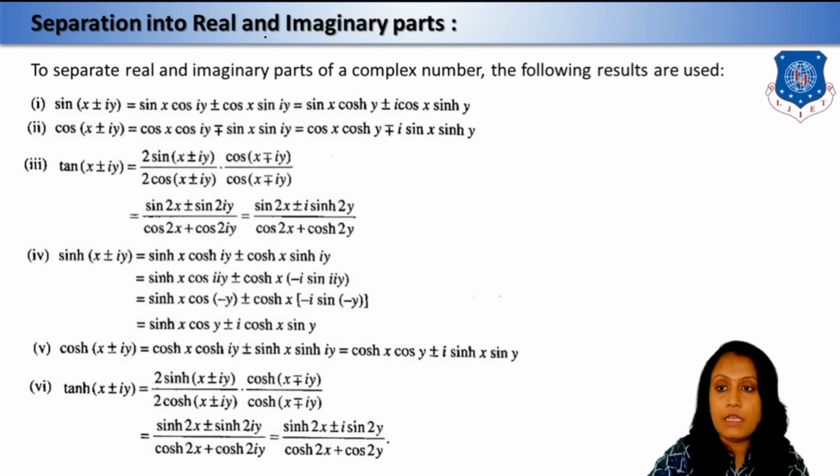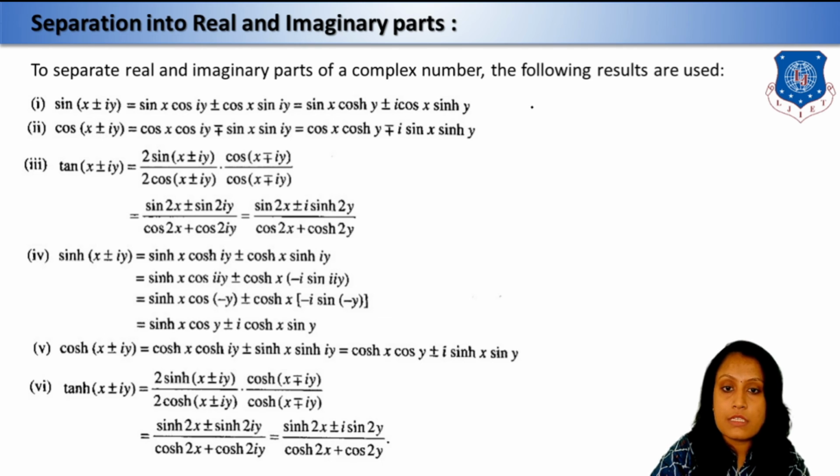Now the next topic is separation into real and imaginary parts. To separate the real and imaginary part of a complex number, we will use the following results. The first one is sin of x plus or minus iy. We'll apply the formula of sin of alpha plus or minus beta, that is sin alpha cos beta plus or minus cos alpha sin beta.